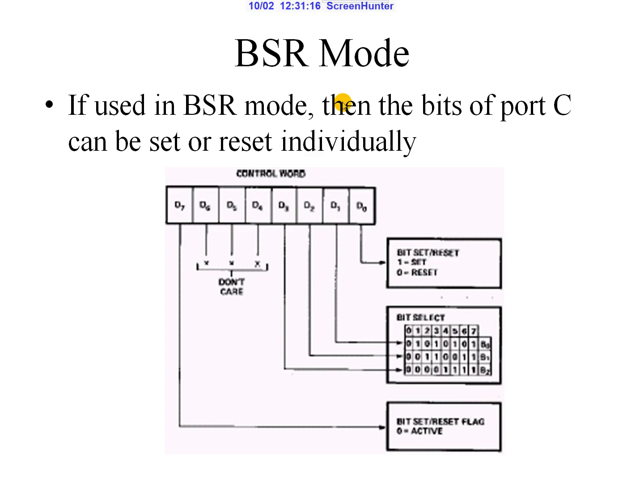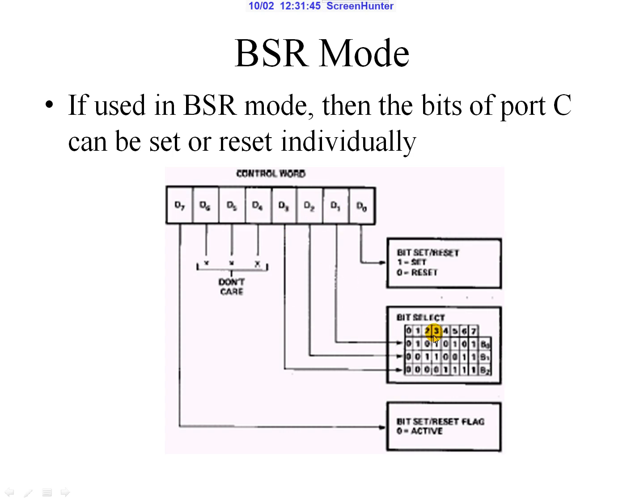In the BSR mode, the port C pins PC0 to PC7 are going to be bit addressable, so each and every bit can be programmed as we want. The bit set and reset pin D0 is going to be either set or reset, so depending on the value we are giving, we can notify that.